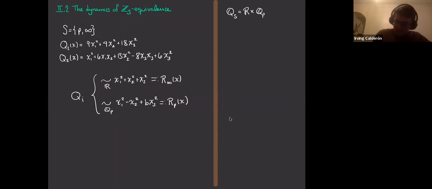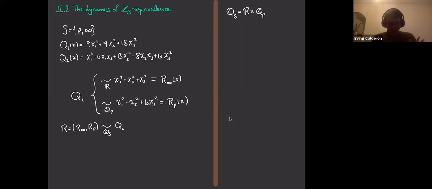And then Qs will be R times Qp. So if we consider the pair Q_infinity, Q_p, this is a quadratic form with coefficients in Qs. And we can summarize these two equivalences simply by saying that Q is Qs equivalent to the sum of squares.